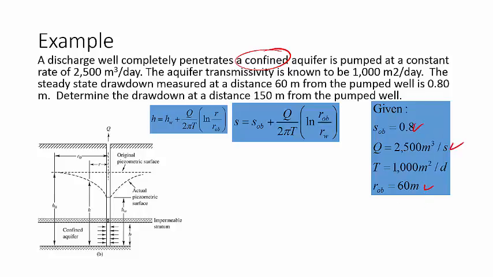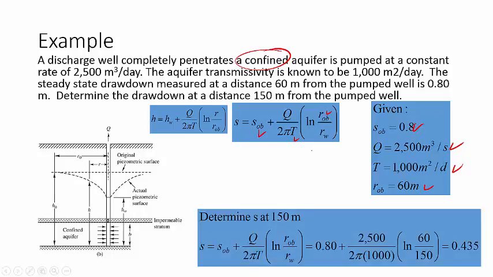The flow rate is 2,500 and we have the transmissivity. And we have to determine the drawdown at 150 meters. So we just make the appropriate substitutions.